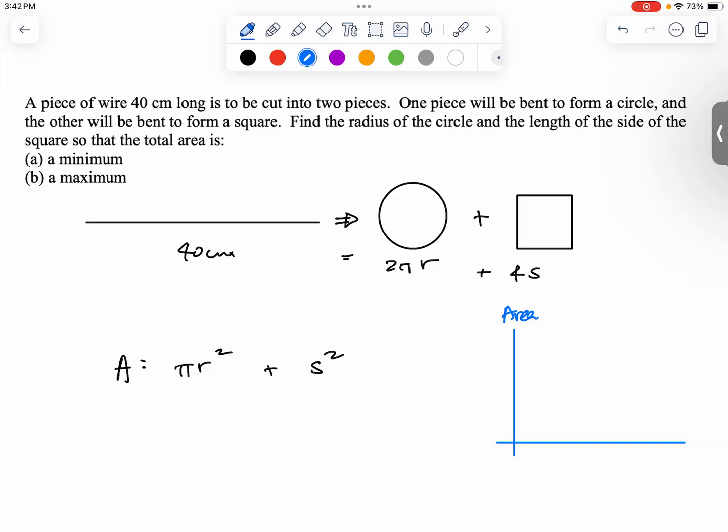Which one should we do? Technically, it doesn't really matter, but one is better than the other because of the ease of presenting it. What would be the better choice? Is it the radius or the side length of the square?